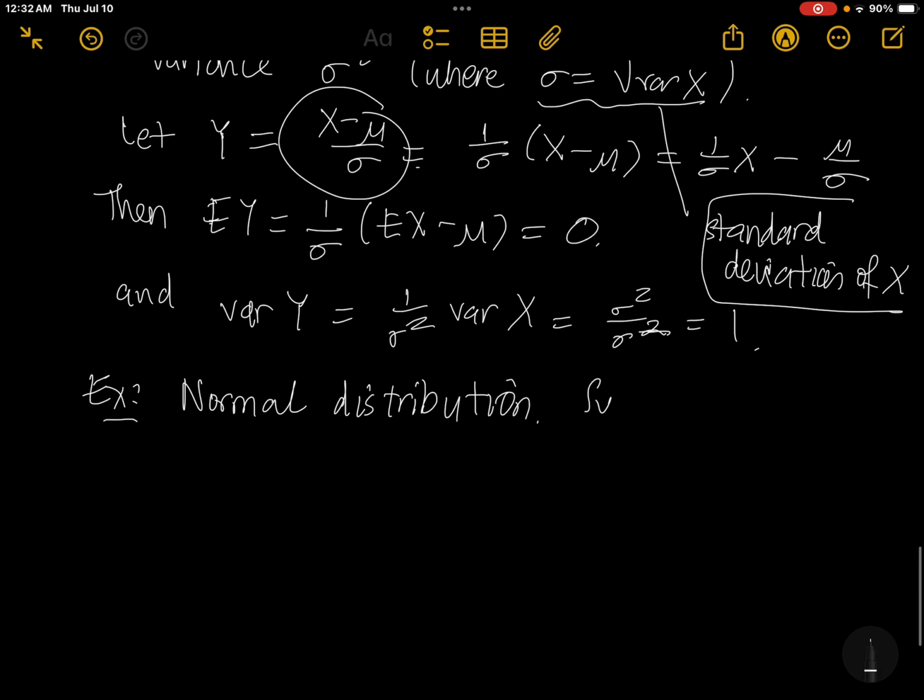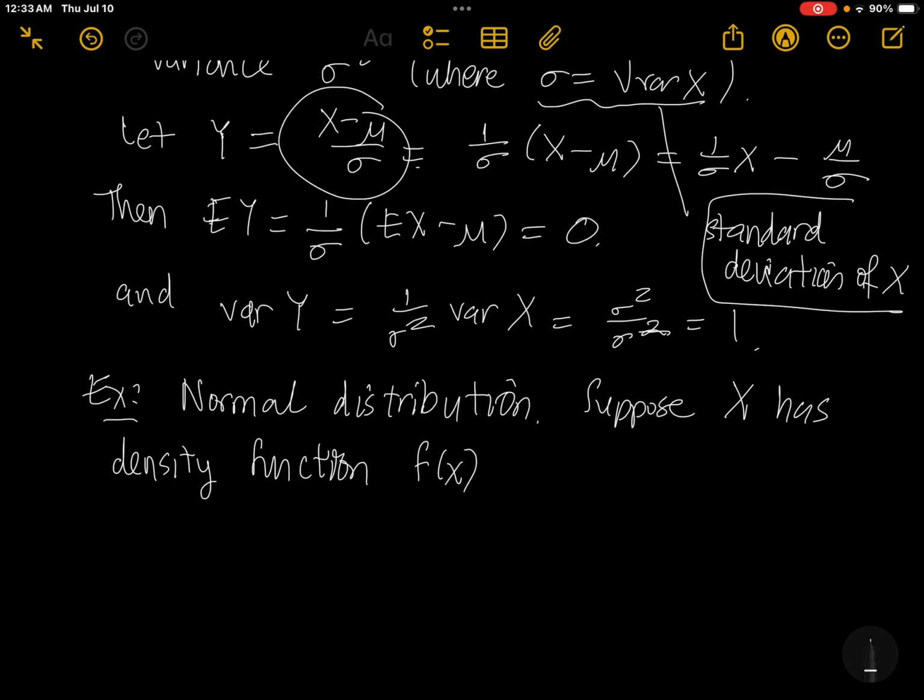Suppose that x has what's called the standard normal distribution. So it has density function f of x equals 1 over the square root of 2 pi times e to the minus x squared over 2.